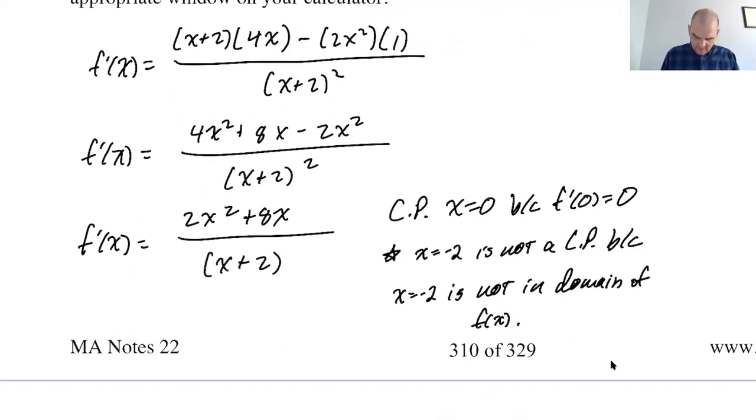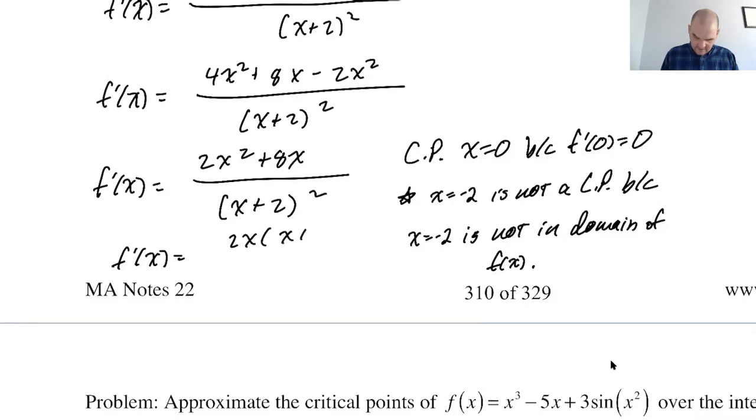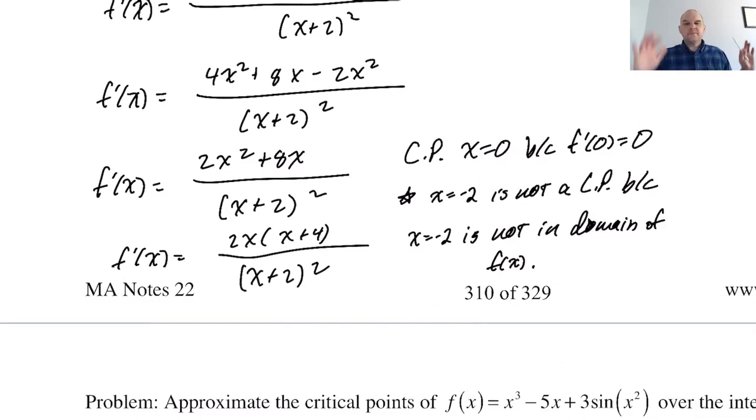But if you overthink your problem, you might realize what your mistake was. So f prime of x is, now I take out a 2x and I'm left with x plus 4, over x plus 2 squared. I'm just going to sneak a peek at the calculator and see if that's what I got. That is what I got. Okay, so now we're good.